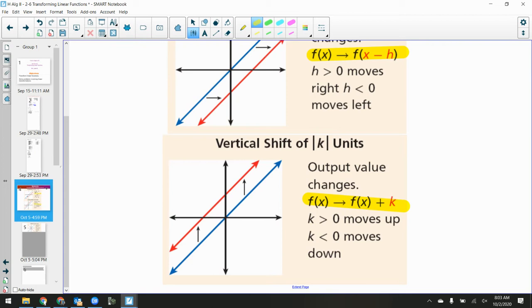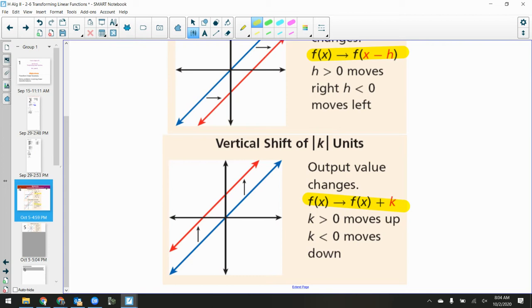Okay, I'm going to take this function that f of x is equal to 2x plus 3. And the rule says f of x is going to go to f of x. Okay, if I'm going up 2, it's plus 2 out on the end. Notice that my input value is no longer changing. In the last one, I removed x, and in its place, I put something else. The reason I did that is because it was something horizontal, something that changed the input value.